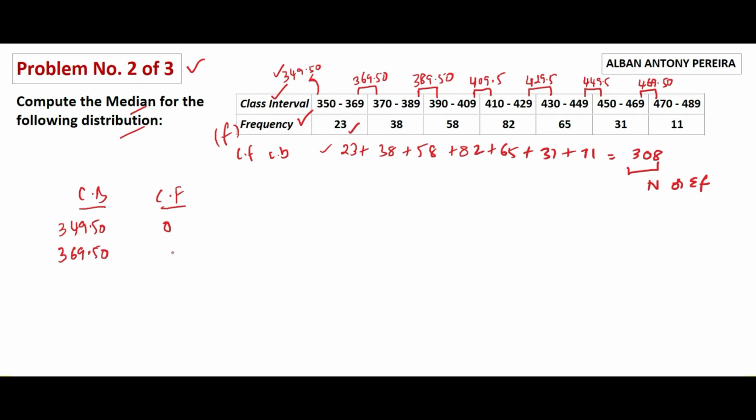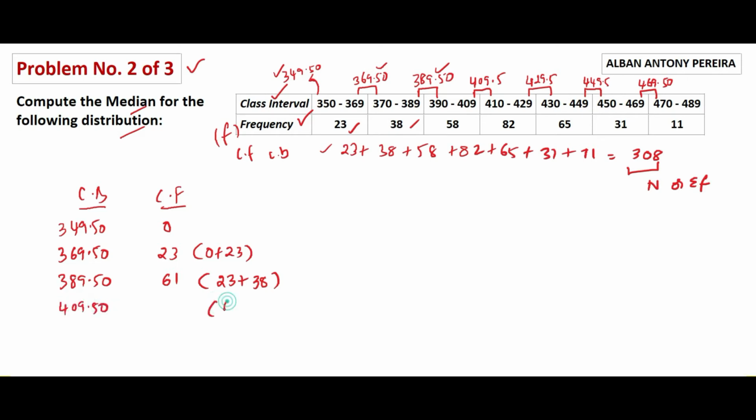0 plus 23, that is 23. Let me write here 0 plus 23 for your reference. Next one is 389.50, which will be 23 plus 38. The answer will be 61. Cross check this with your calculator. Next one is 409.50.